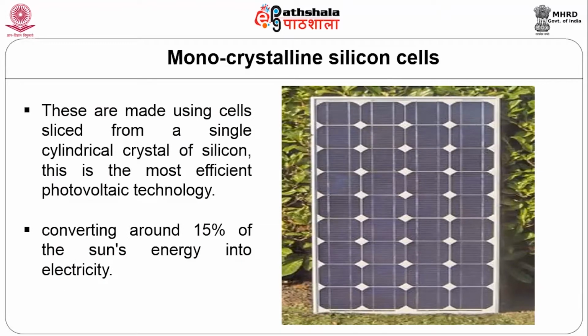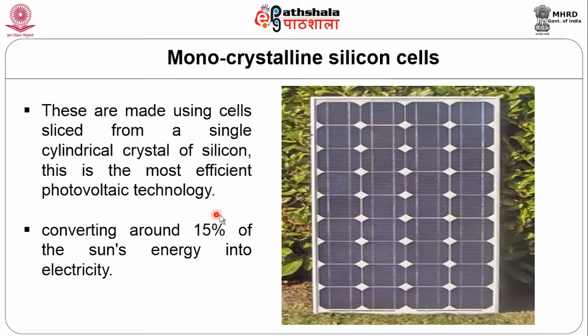and this is the structure of the monocrystalline silicon cell. By seeing the structure of the solar cell, you can name it a monocrystalline silicon cell. These are made using cells sliced from a single cylindrical crystal of silicon.